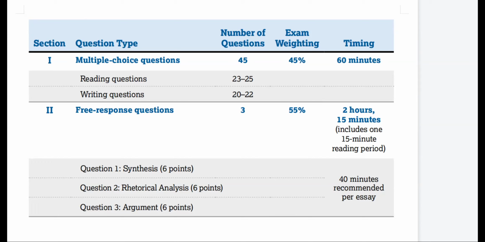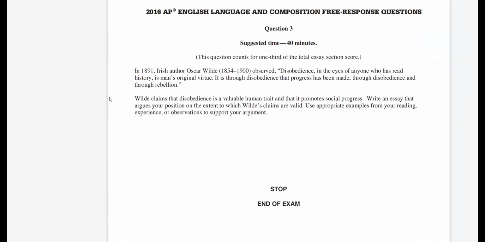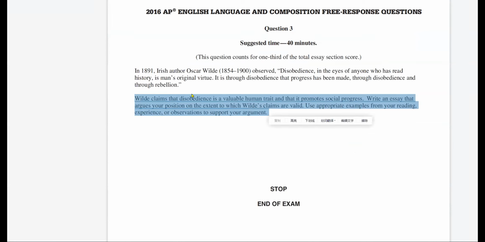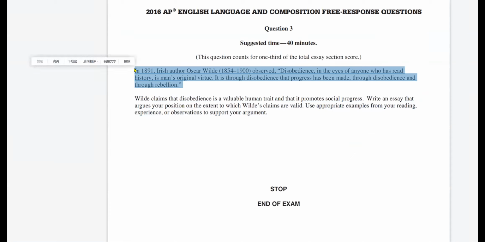So let me show you an example right here. This would be question 3, and this would be your prompt. The first paragraph is more like a contextualization, giving you the broad idea of what this topic is about. It goes, in 1891, Irish author Oscar Wilde observed, and here is the quote from Oscar.